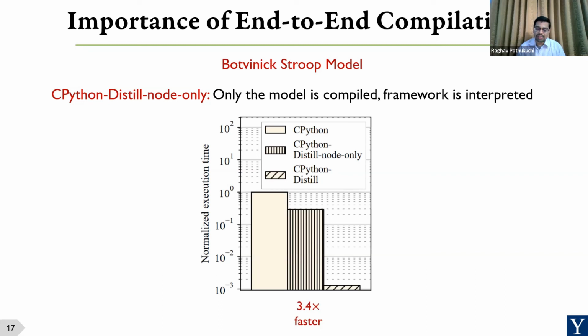The reason is that even if the model is compiled, the transition between compiled and interpreted modes limits the maximum performance speedup that we can see. On the other hand, compiling the entire model and the framework results in a speedup of 774 times over standard CPython execution. This highlights the importance of compiling the entire model and the framework together.